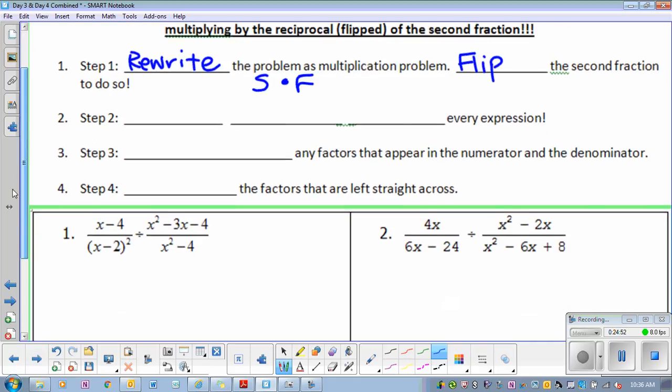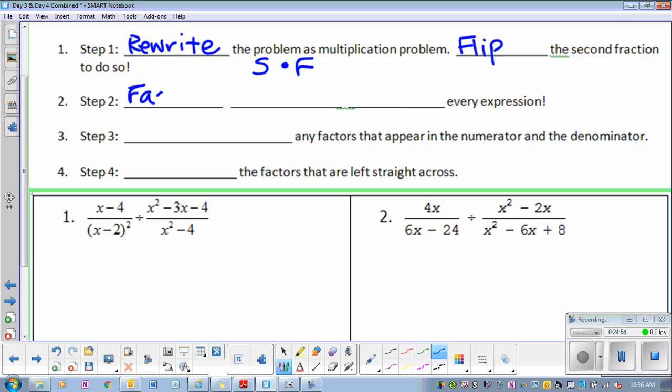And step number 2, same thing as multiplication. We need to factor, factor, and factor every single expression. Factor, factor, factor. Step 3, and then it's the same as multiplication.